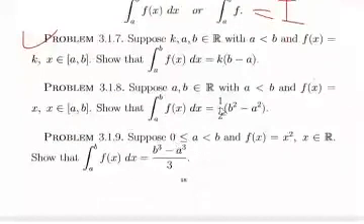This function is not a constant function; it is equal to x over this interval. So let's try to show the integral of f over the interval [a, b] is given by this.